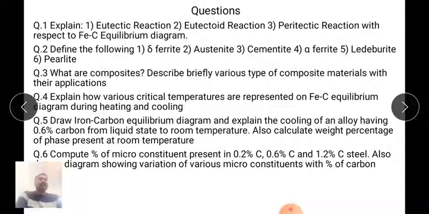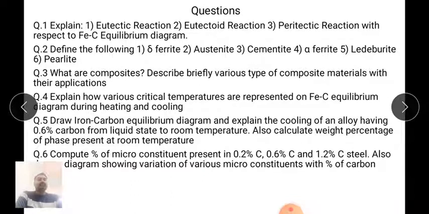And at that particular temperature the percentage of carbon is 0.1%, is it? And that delta ferrite is a soft and ductile phase which is in BCC structure, that is body centered cubic structure, and two atoms are present in a unit cell, is it?